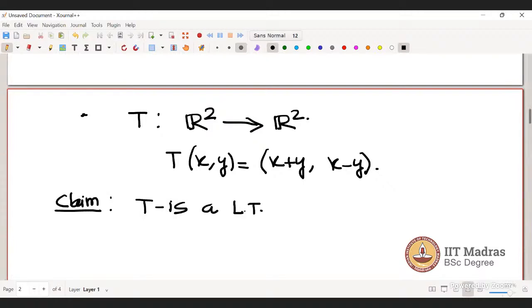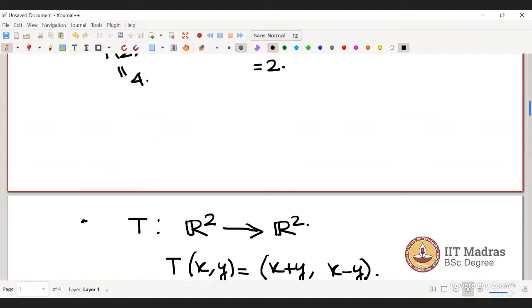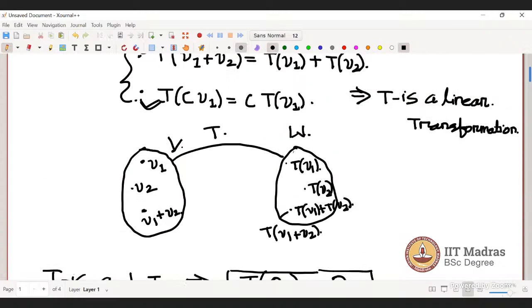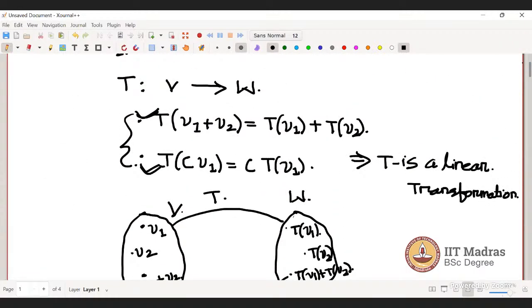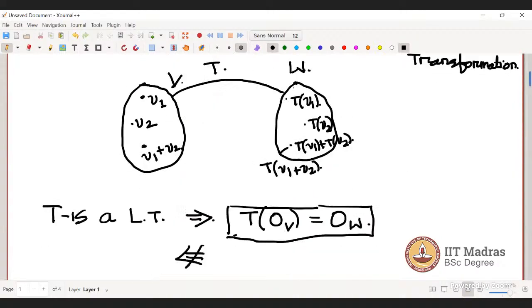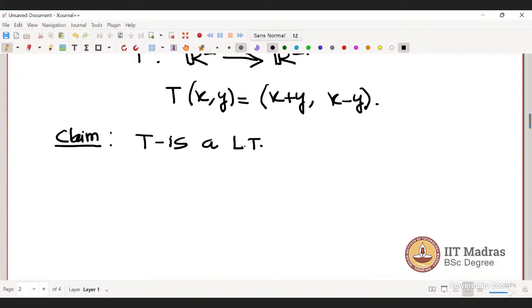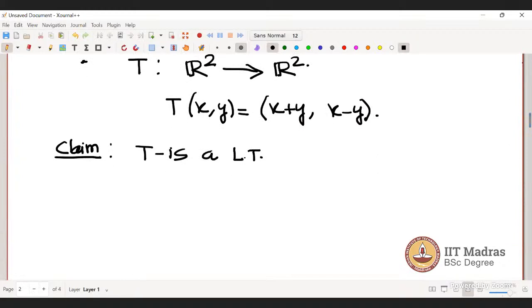To show T is a linear transformation, I have to show that T satisfies both these two conditions. So let's pick two arbitrary elements of R2. Let's say V1 is (x1, y1) and V2 is (x2, y2).